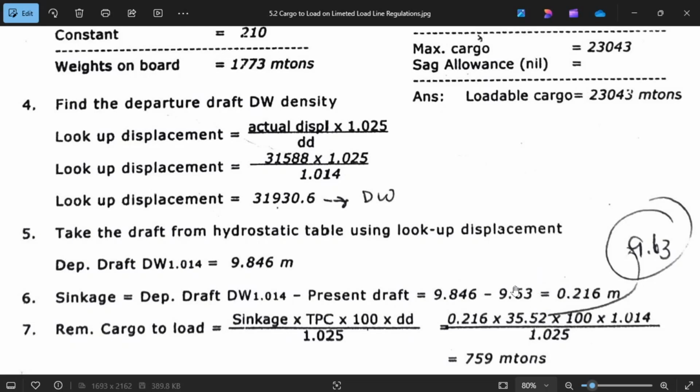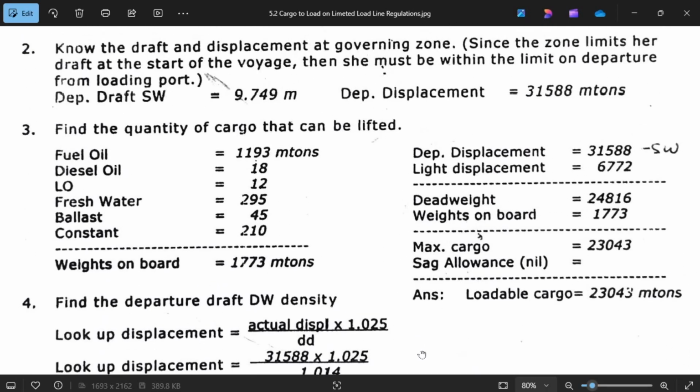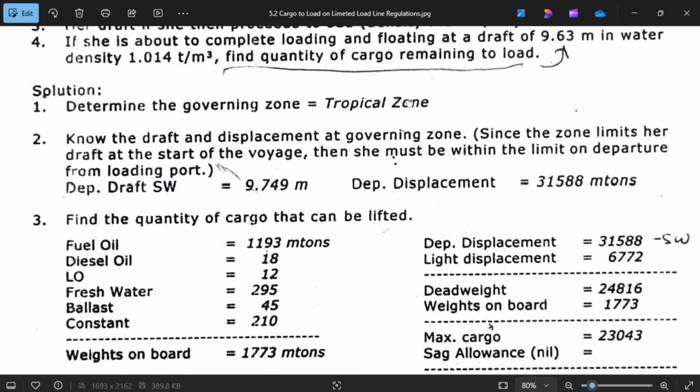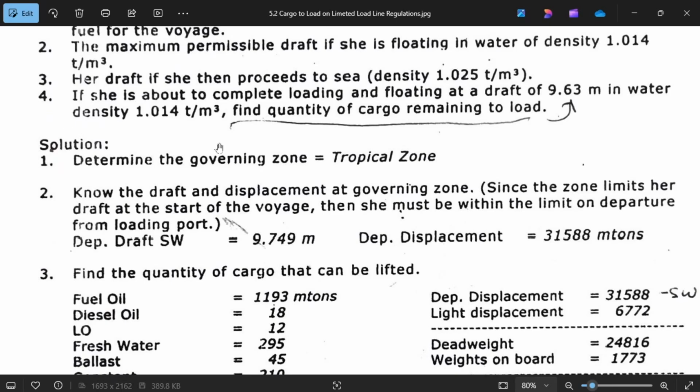And 9.63 is the time the foreman asks the chief officer to stop loading to determine the remaining cargo to load. Okay, which is this one, guys. This is what he meant here in number 4.